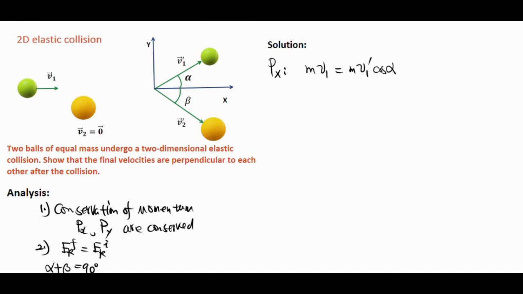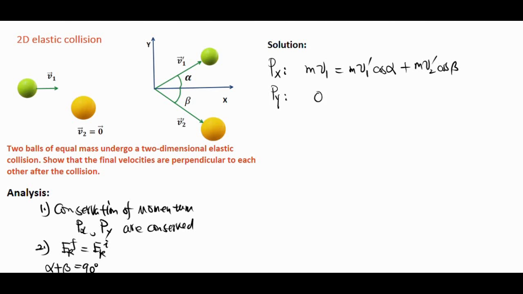This is how to calculate the x component, multiplied by cosine of the angle, using the cosine ratio. And for the y component, at the beginning, ball 2 is at the right, ball 1 is moving to the right. So their y component of momentum, both are zeros.